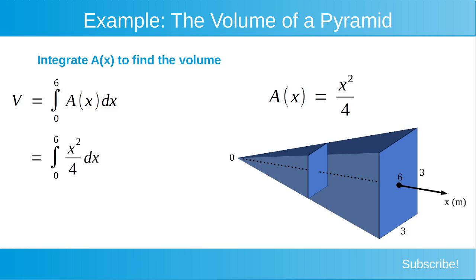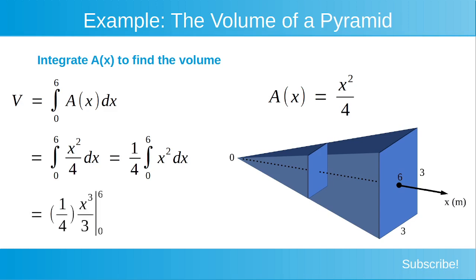So our volume will be equal to the integral from 0 to 6 of x squared over 4 dx. Now we can use our constant multiple rule to take 1 over 4 outside of that integral. So we can calculate the volume V to be equal to 1 over 4 multiplied by the integral from 0 to 6 of x squared dx.